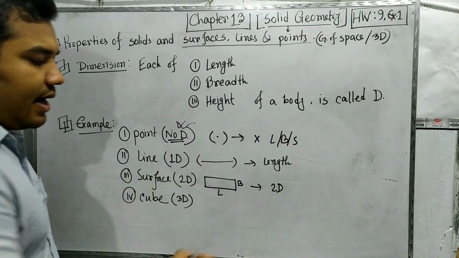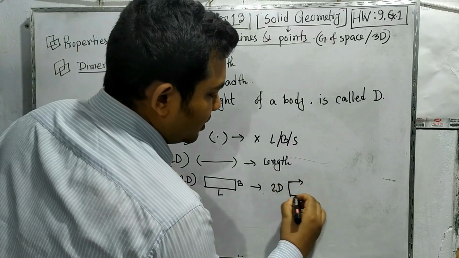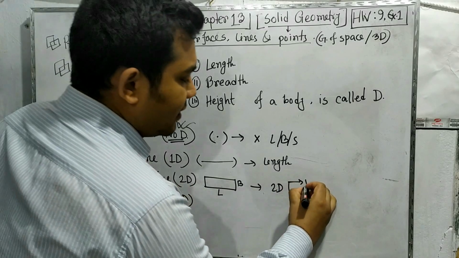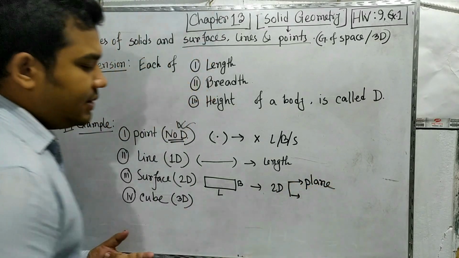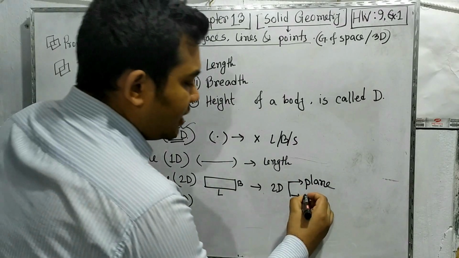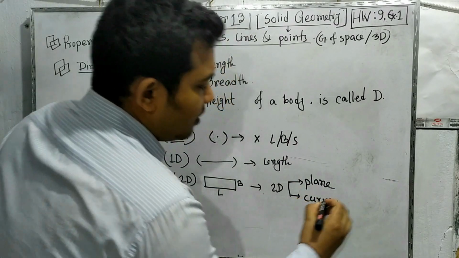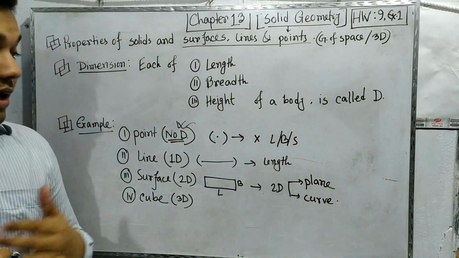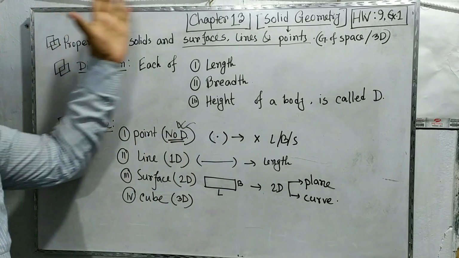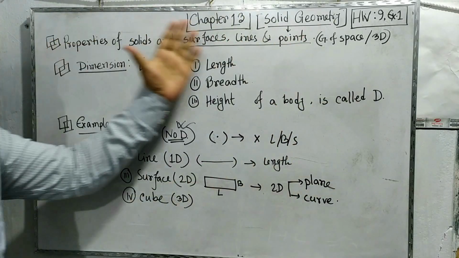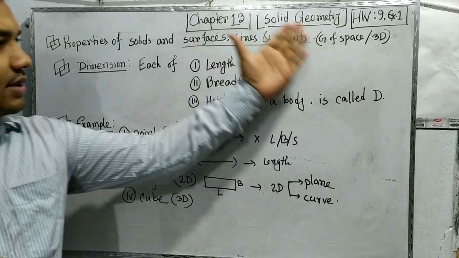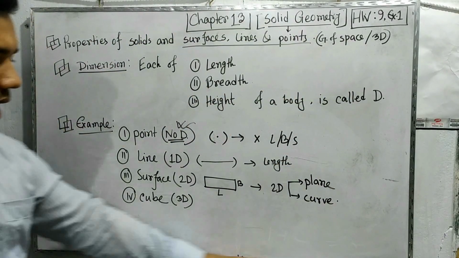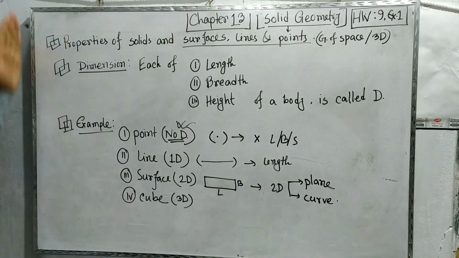The example of a two-dimensional body is the surface. Here I want to talk about different types of surface too. A surface can be a plane surface, and there is another called the curved surface. If we relate it to practical life, take this board. If we think of only the plane of this board, then this is the length and this is the breadth.